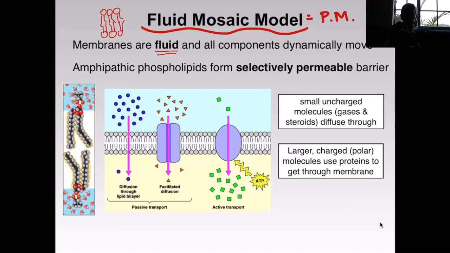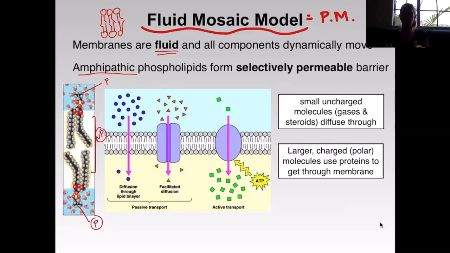So for example, here's some phospholipids, and they are not static. They're highly mobile. Remember that the membrane is composed of phospholipids, which are amphipathic, meaning they have a polar head and a core region of nonpolar tails.